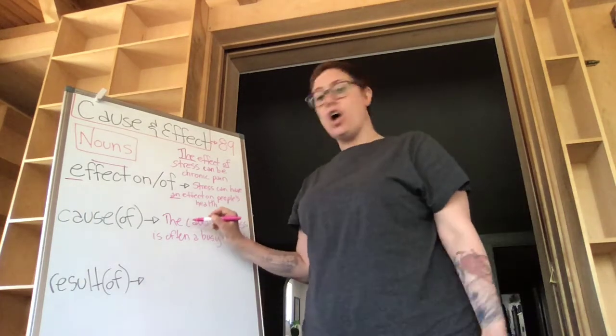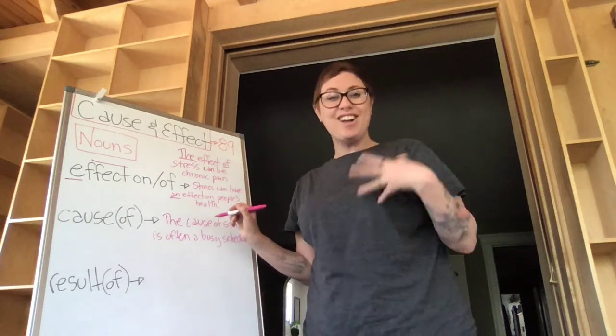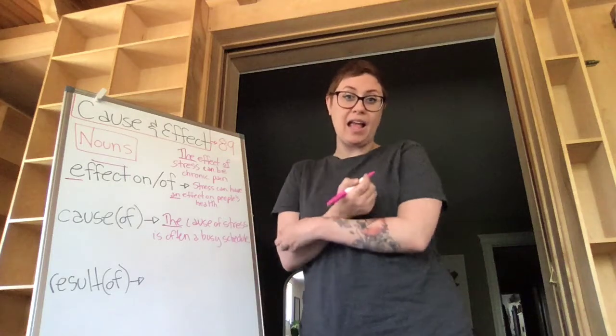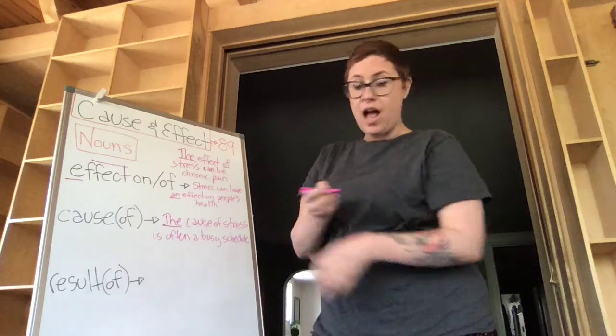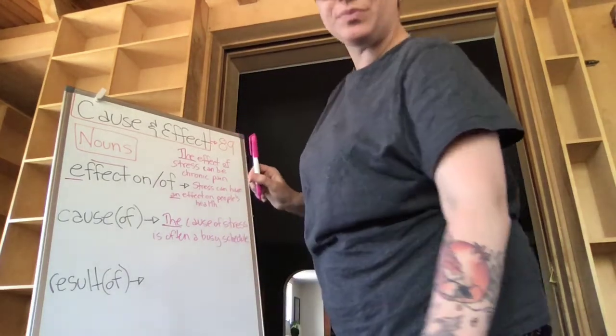So here, cause is not a verb. Cause is a noun. So same as above, we're going to use an article: a, an, or the. So the cause of stress is often a busy schedule.